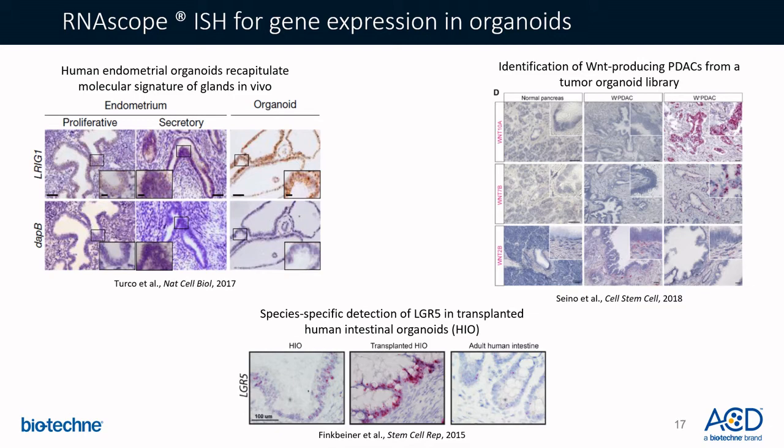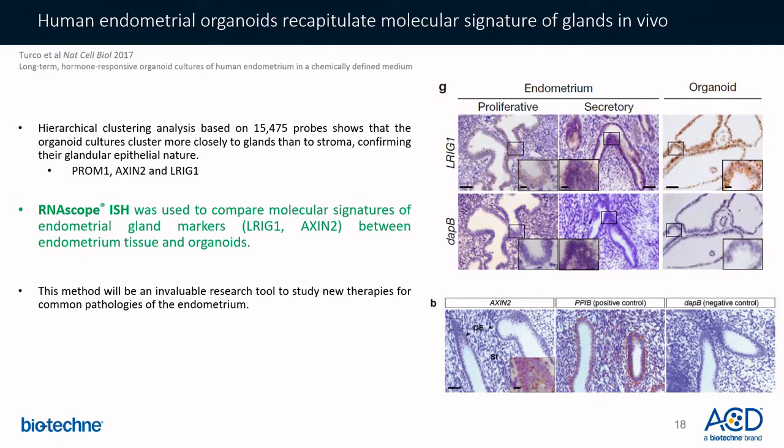So I'm going to take a couple of examples of these papers and go more in detail. This particular paper is from University of Cambridge, and they define a method of establishing genetically stable endometrial organoids that can be cultured long-term and recapitulate the gene expression patterns of endometrial glands in vivo and functional characteristics of their cell of origin.